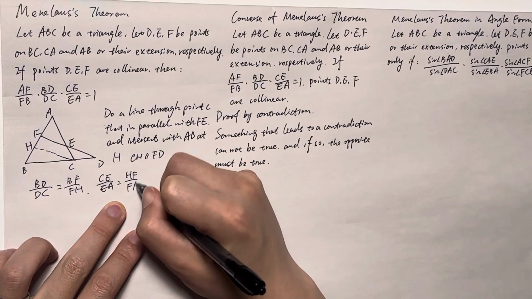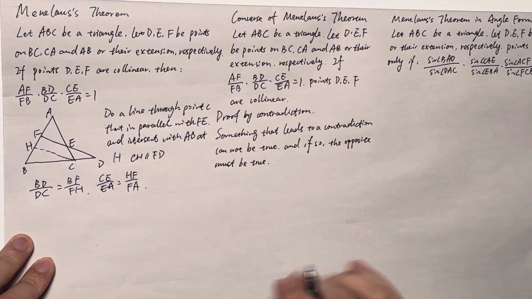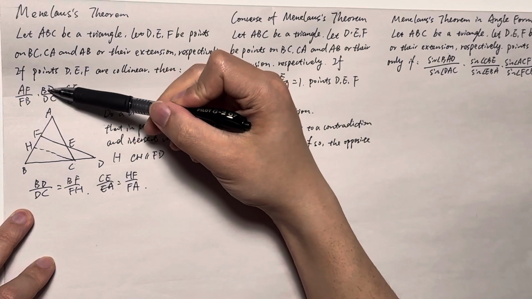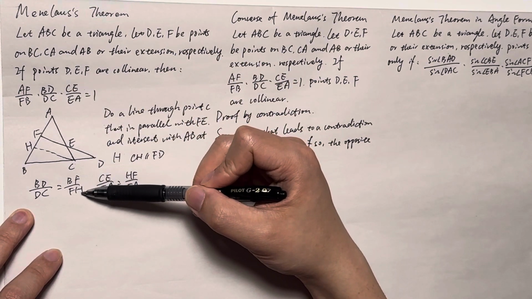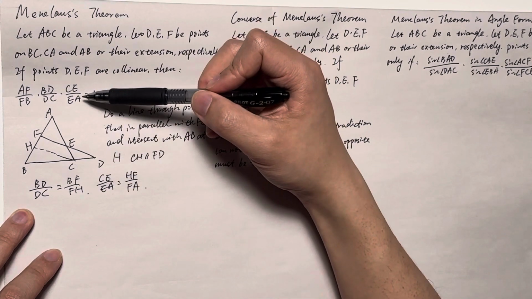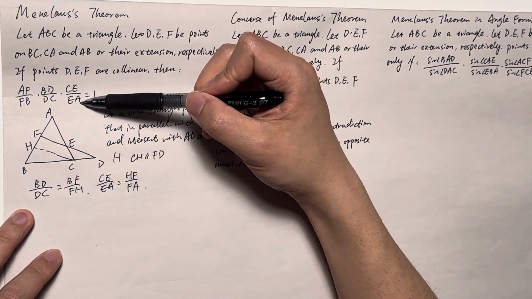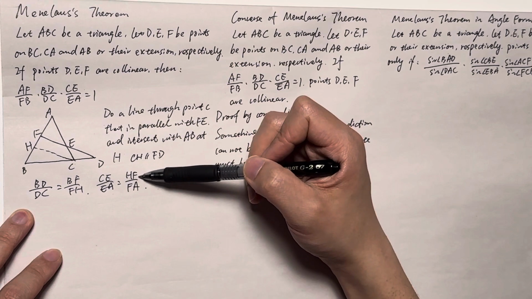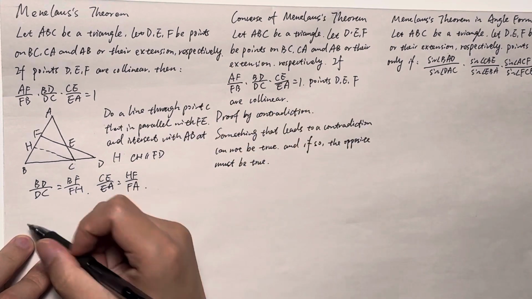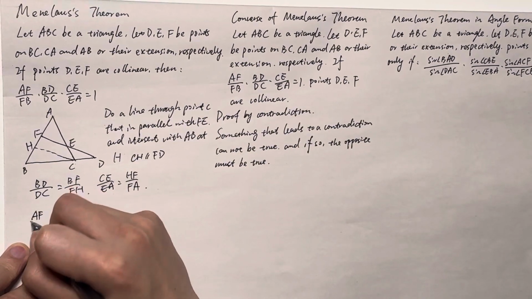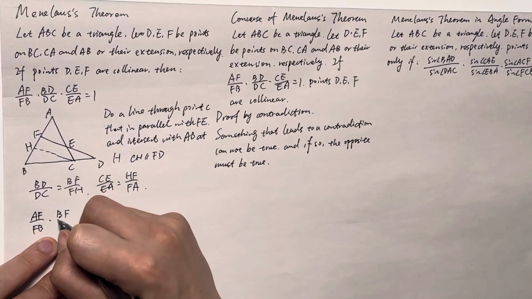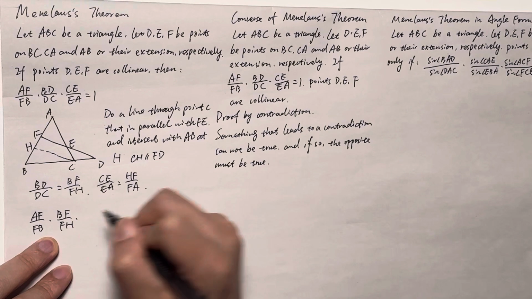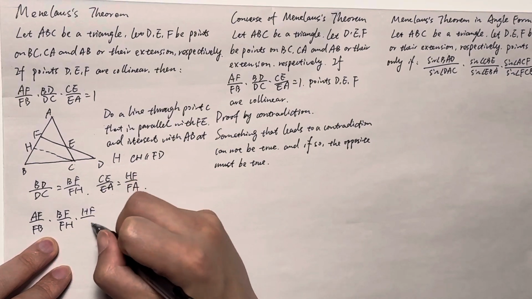So we can replace the term BD divided by DC by BF divided by FH, and the term CE divided by EA by HF divided by FA. So it becomes AF divided by FB times BF divided by FH times HF divided by FA.